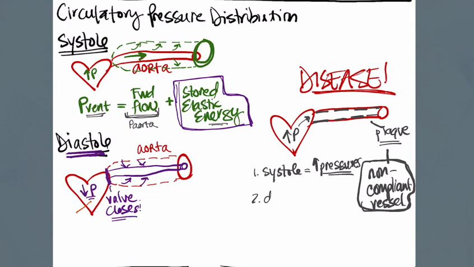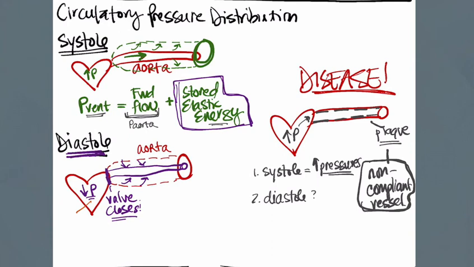And then what happens during diastole? Does diastole tell you anything about the heart? Absolutely not, but it's going to tell us a lot about the blood vessel. If during systole you can't stretch the walls, then what drives the blood forward during diastole?